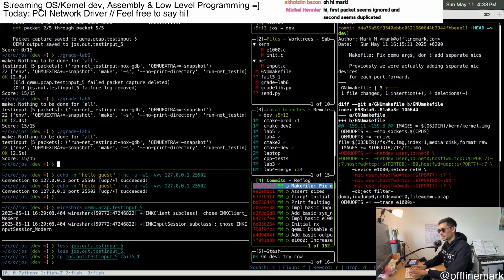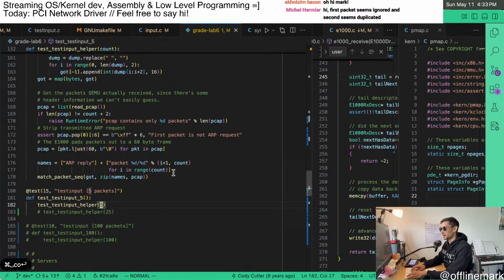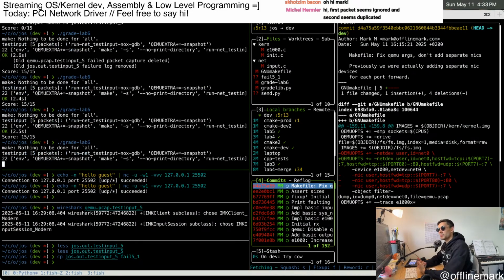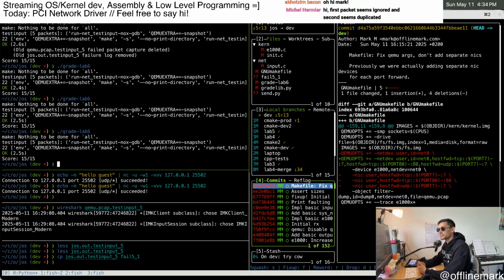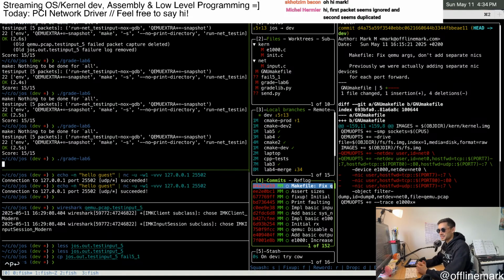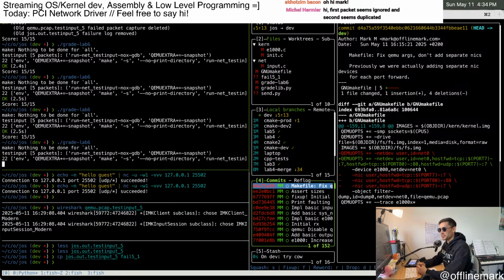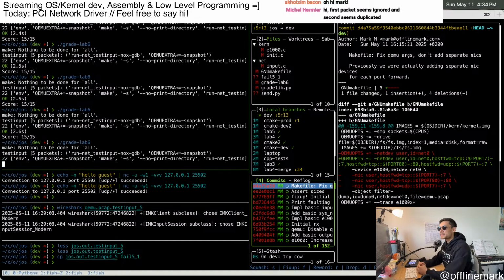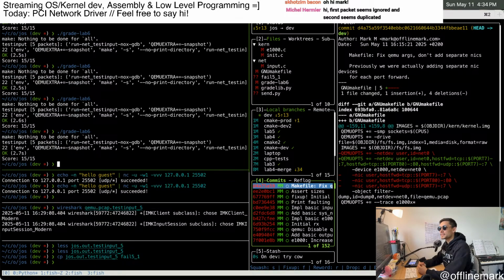It seems to pass most of the time for 5, but it seems like if we crank it up to like 10 or something, even just a little bit higher than 5, we can make it fail. Unless we can't. So that also passed. That also is passing. That is also passing.